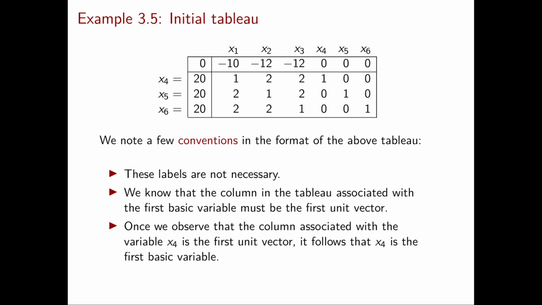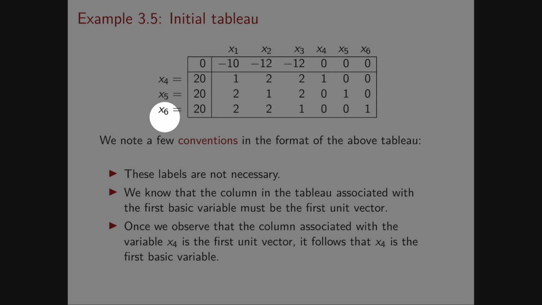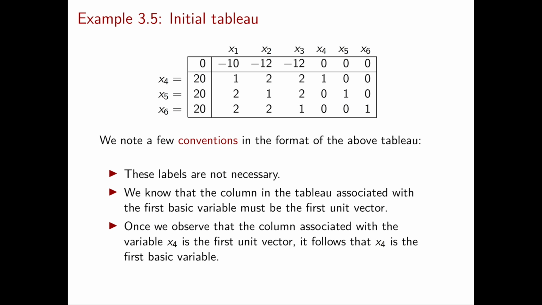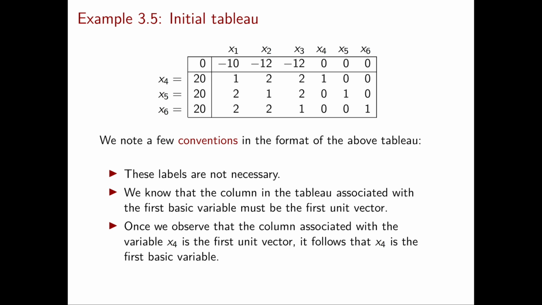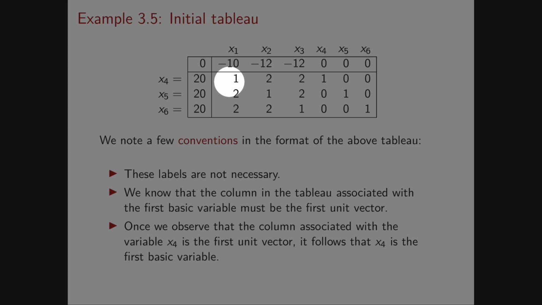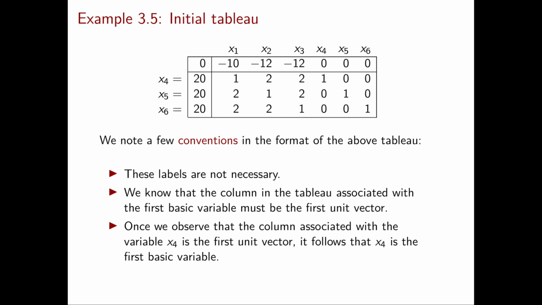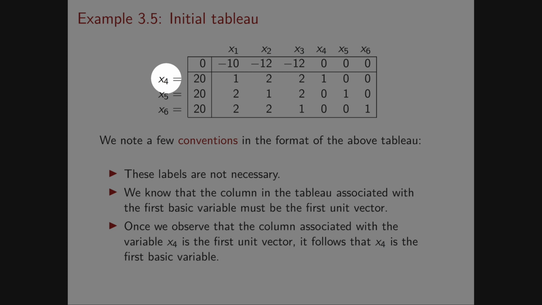And it's interesting to notice that also the ones on the left are not really necessary, meaning that if you didn't know them, you could recover what they are. And this can be done by looking at the remaining part of the tableau. In fact, we know that the first basic variable, in this case x4, will have the associated column, in this case here it is, the column of x4, which is the first unit vector.